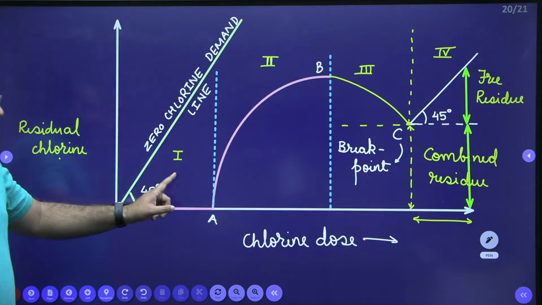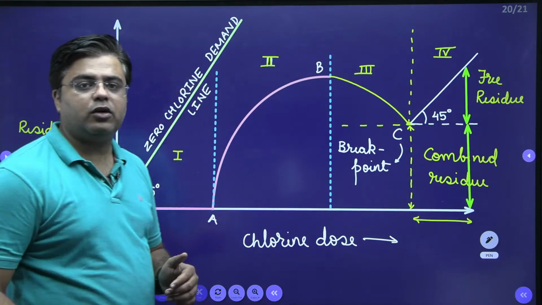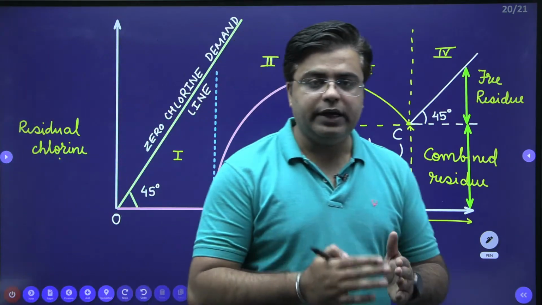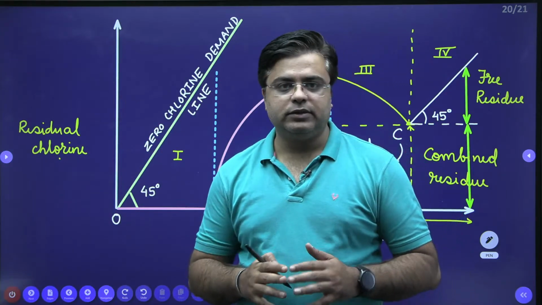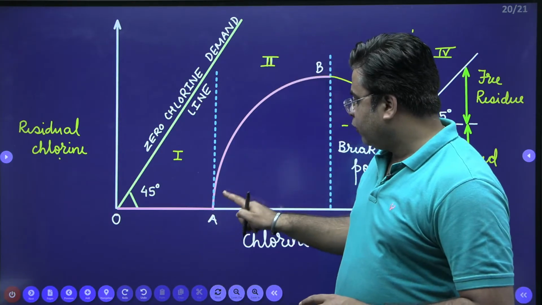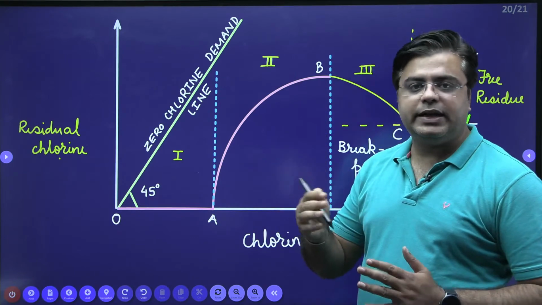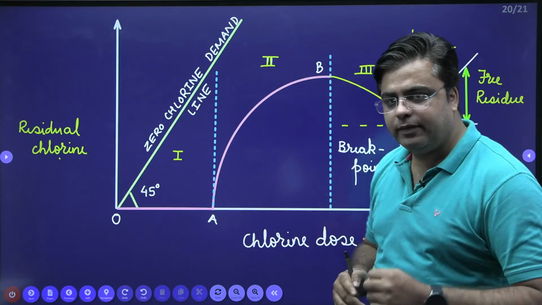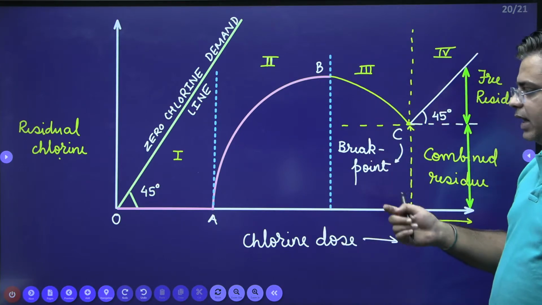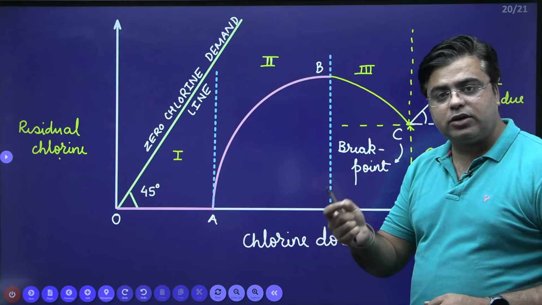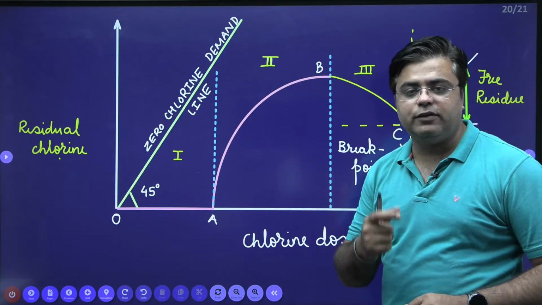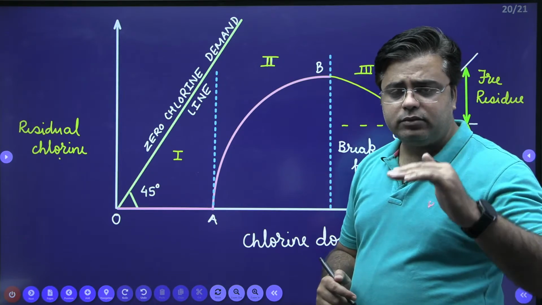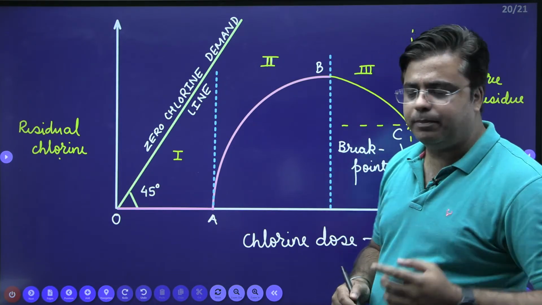So in phase 1, what is happening? In phase 1, oxidation of inorganic matter is taking place. In phase 2, formation of chloramines is taking place. In phase 3, these chloramines are carrying out the disinfection, hence their quantity is getting used up.